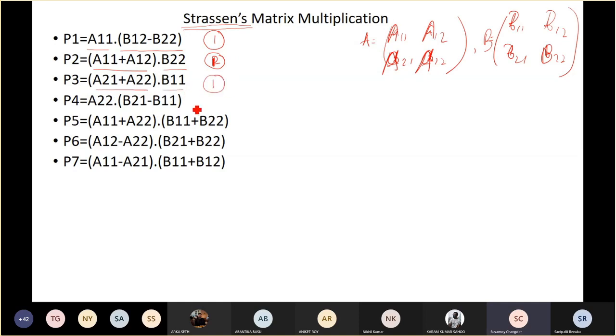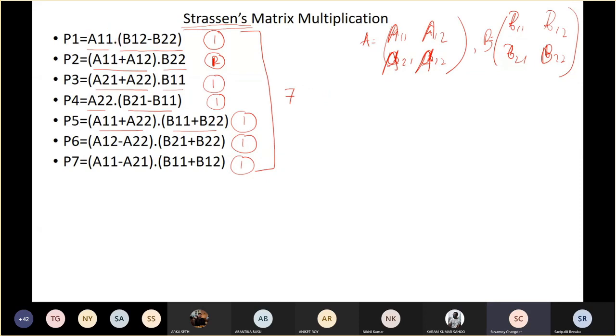So again we require one multiplication. Similarly, here A22 will be multiplied with B21 minus B11. So 1. Here, two terms are added from the A and two terms are added from the B. A11 plus A22 multiplied with B11 plus B22. We require one multiplication. Similarly, here we require one multiplication. Here also we require one multiplication. So altogether, we require 7 multiplications, right?